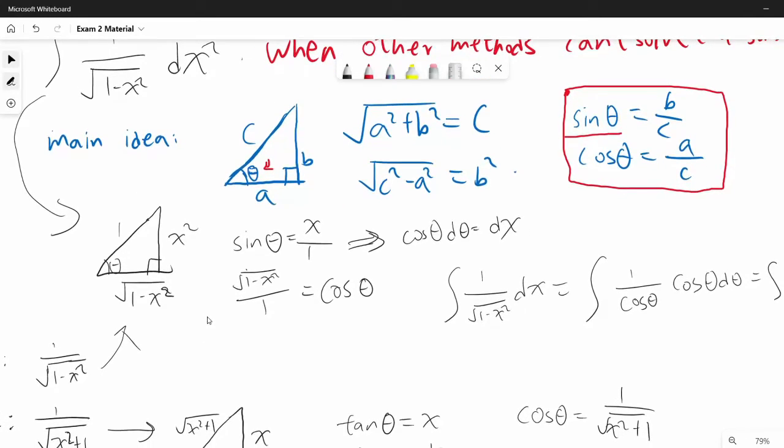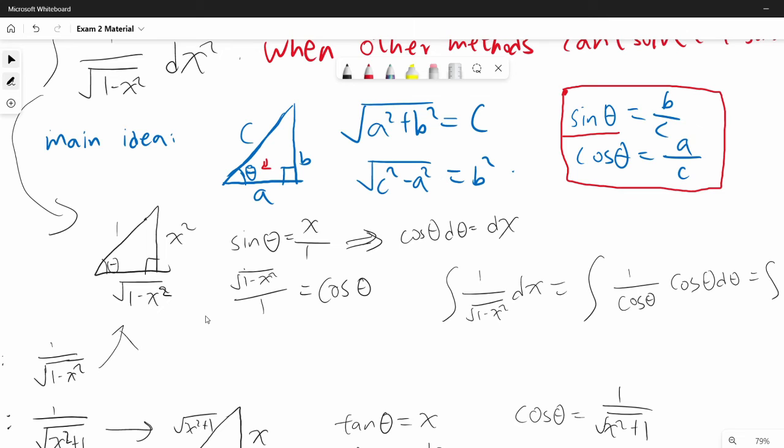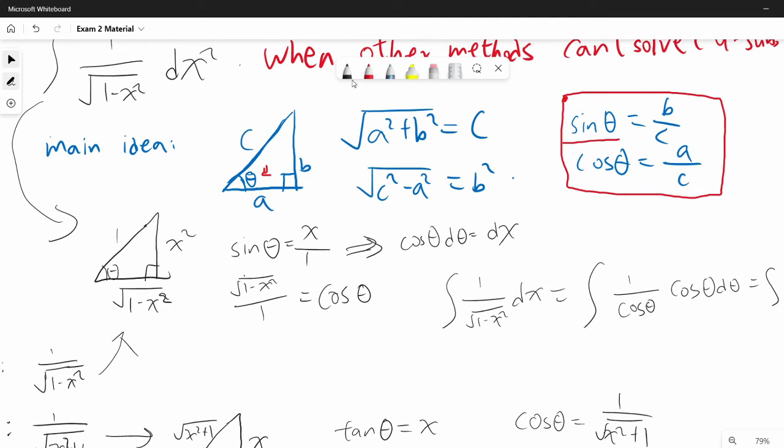So in this case, we can draw a triangle, and say the hypotenuse is 1, and the opposite of the theta angle is x, so then the adjacent side of this theta would just be the square root of 1 squared, which is 1, minus x squared.